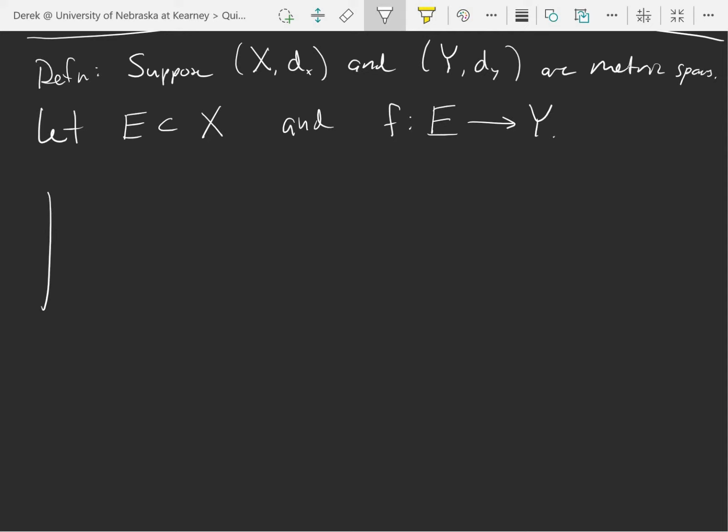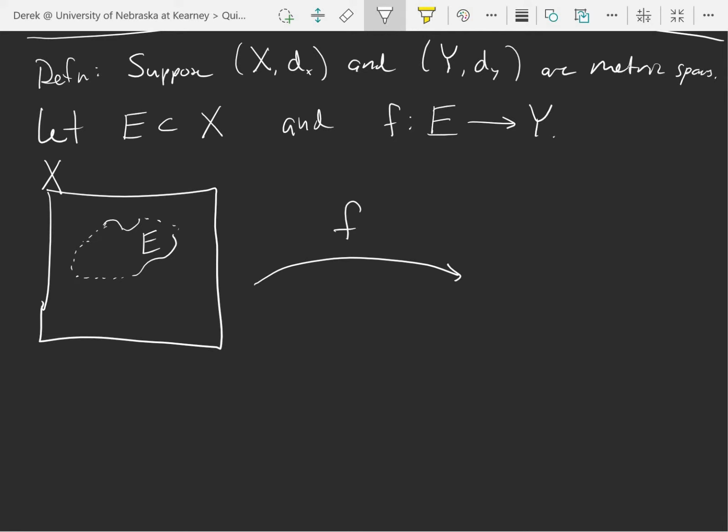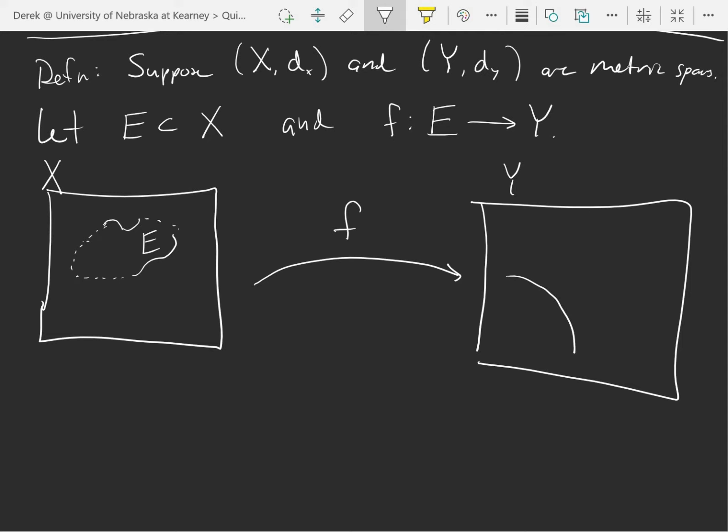So let's draw some pictures here. Let's say that this set is X, and I've got this set here, which is E, and f sends it over to Y. Maybe it's not necessarily continuous, like the 1 over x function breaks it into two pieces. On the left half you've got the curve that comes down like this, and on the right half you have the curve that comes up like this.